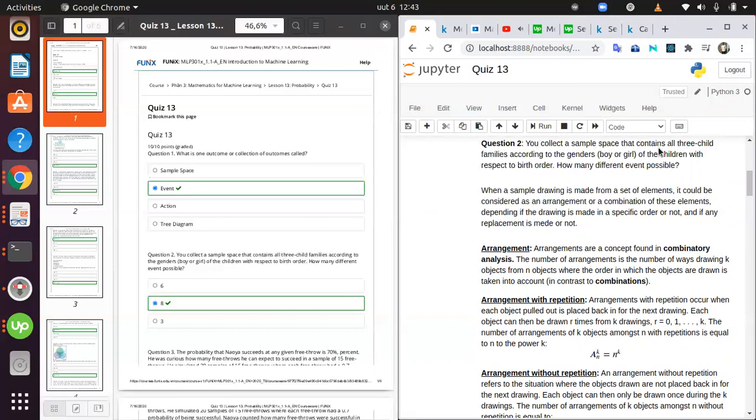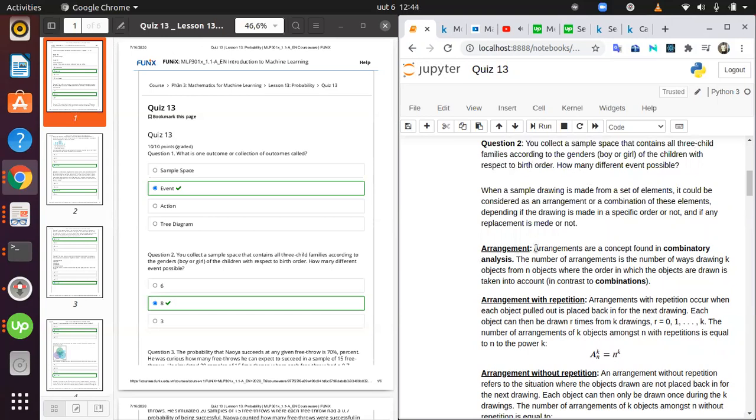They say that they collect a sample which contains three child families according to the genders, boy or girl, of the children with respect to birth order. As they said, it is with respect to birth order, so there is an order in the children selected. As there is an order, it is an arrangement.